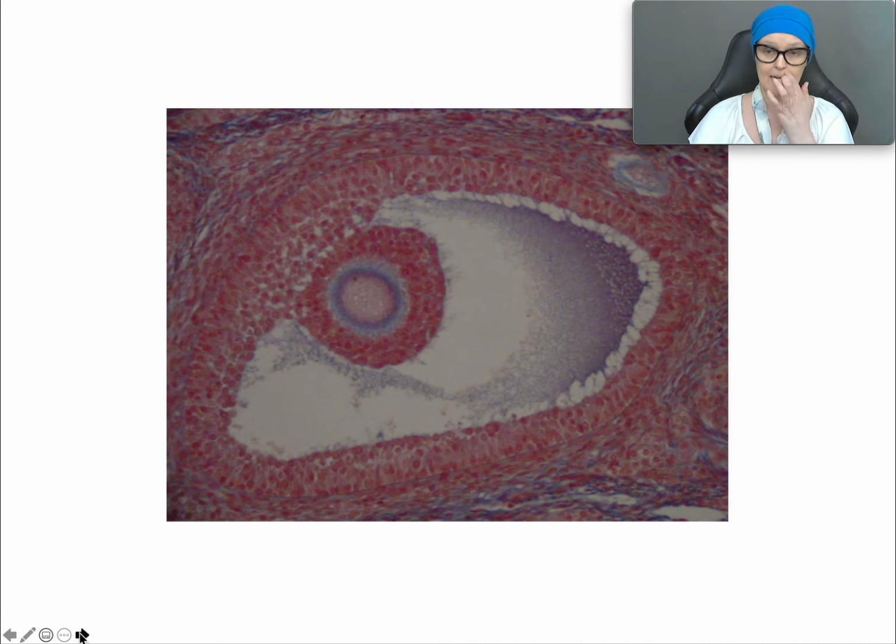And here is our last slide. What organ is this? These are the ovaries. That's an R. Sorry. I hate writing with my mouse. As needs must.